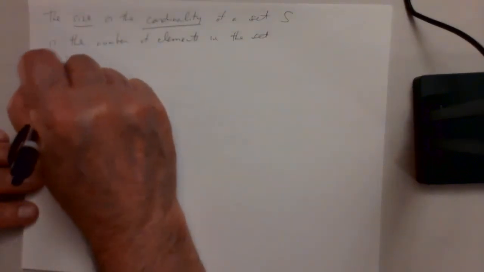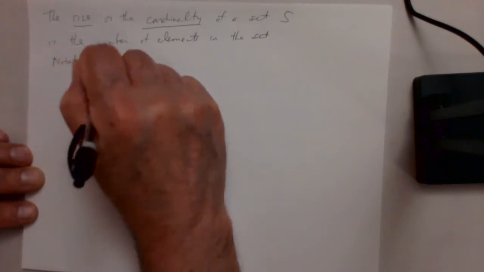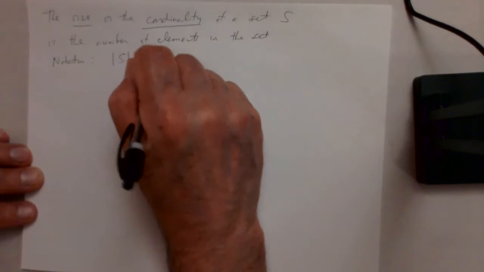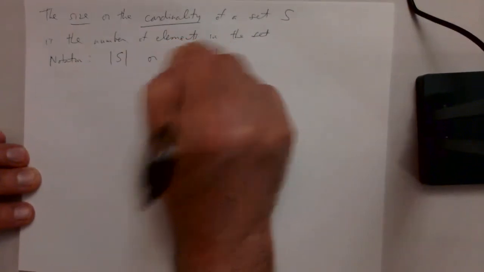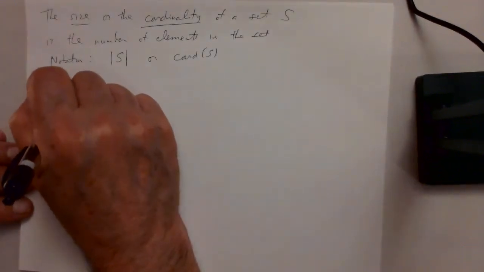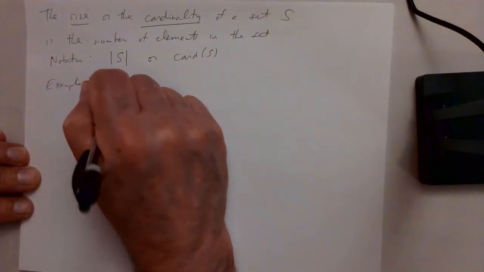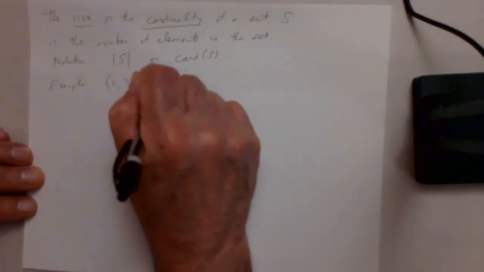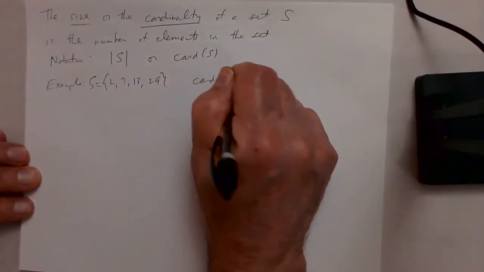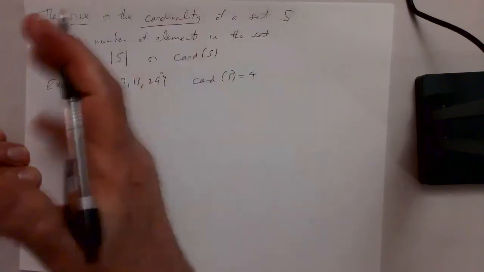And the notation is either S with absolute value signs around it, or we write card of S. So these are both notations for the number of elements in a set. And the number of elements can be finite or infinite. For example, if we take the set 2, 7, 13, and 29, call that S, the cardinality of this set is 4, contains 4 elements.